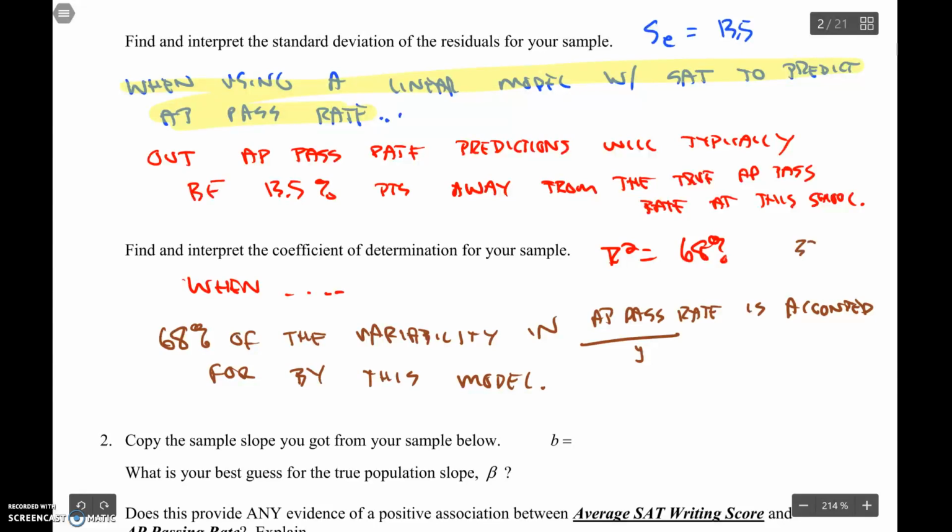Meaning 32% of the variability is left unexplained. So 68% of the variability in pass rate is accounted for by the model, leaving 32% to other variables.